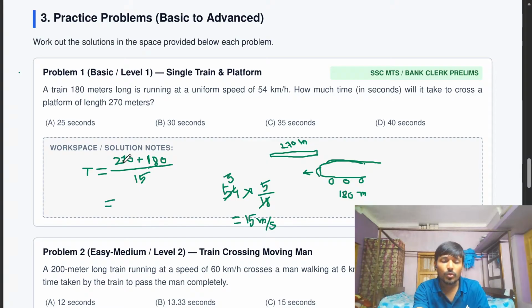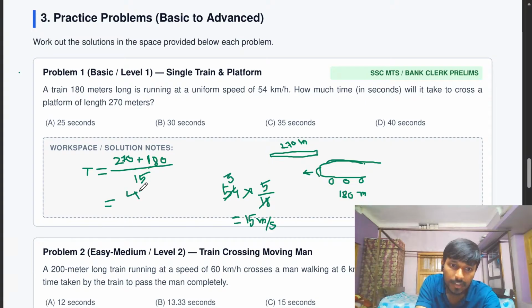Okay. So 270 plus 180. If we give 30 to 270, then it will be 300, and subtract 30 from 180, that means 150. So 300 and 150 means 450.